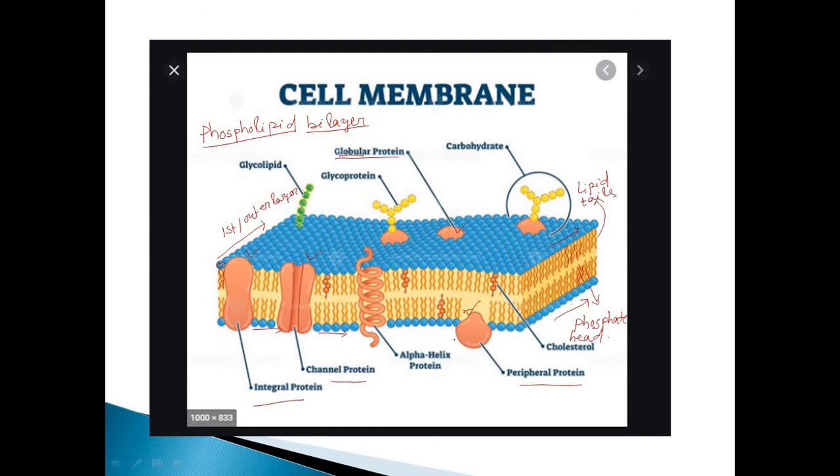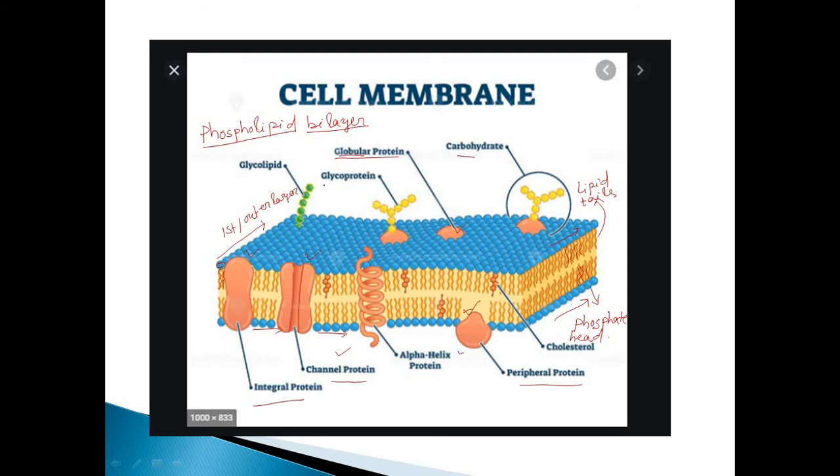Channel proteins carry ions like glucose, potassium, sodium, because they cannot pass directly through this membrane due to the hydrophobic lipid tails. Integral and peripheral proteins are found at the edges, the periphery.